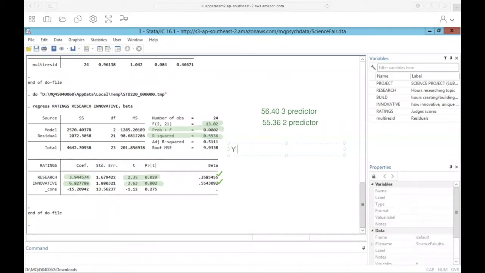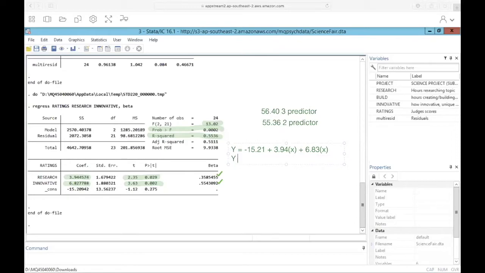So in this case, our predicted y will equal the intercept, which here is negative 15.21, plus the beta for research, 3.94, times hours spent researching, plus the beta for innovation, 6.83, times innovation. Okay, now all we have to do is fill in for x.